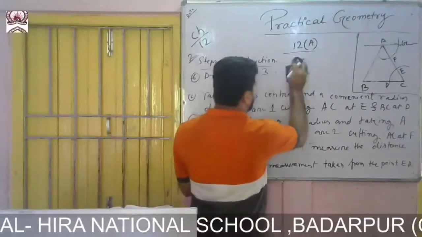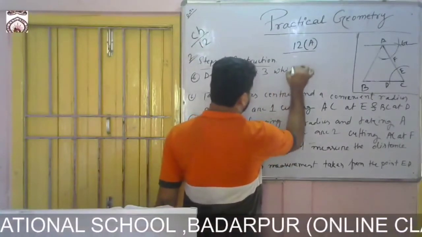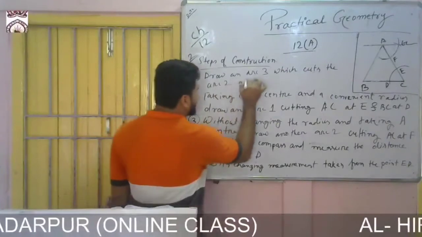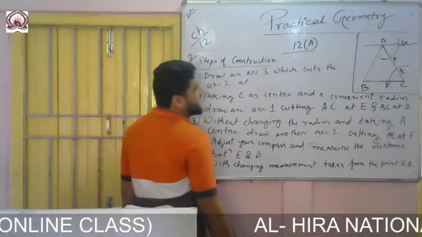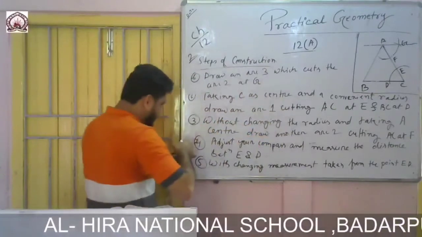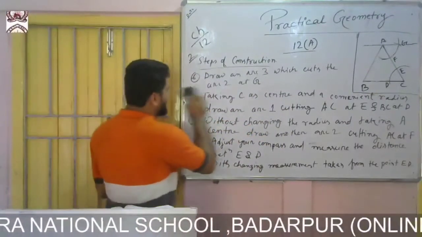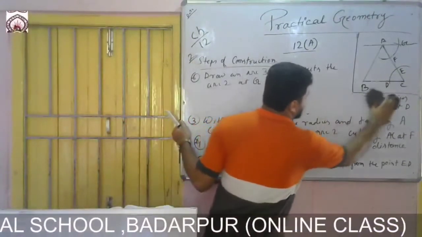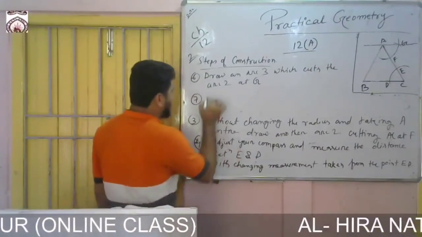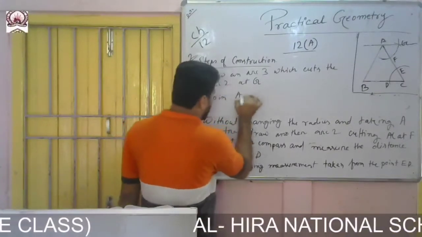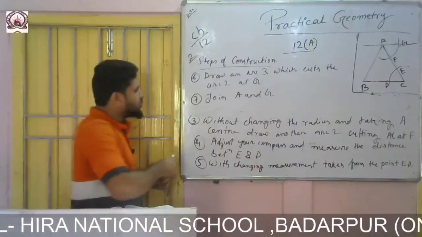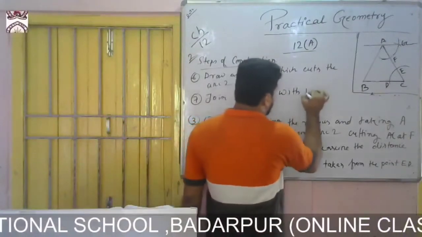Arc 3 cuts the second arc, arc 2, at G. Now number 7: join A and G with the ruler.